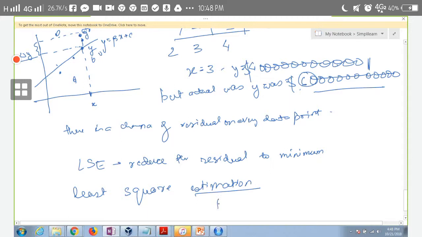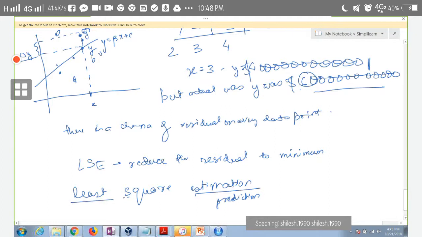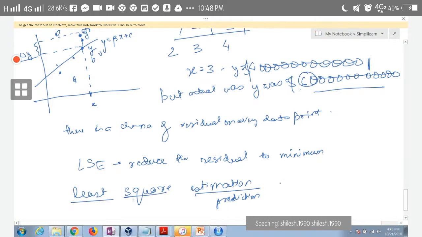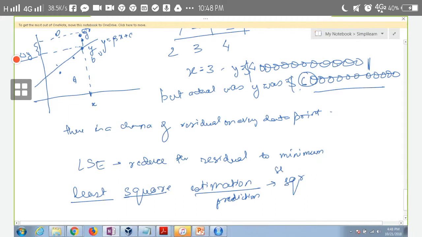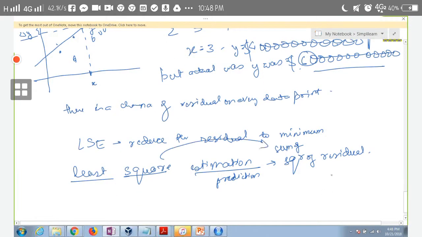So a prediction based on minimized square, least square, but square of what? This square is actually the sum of square of residual.